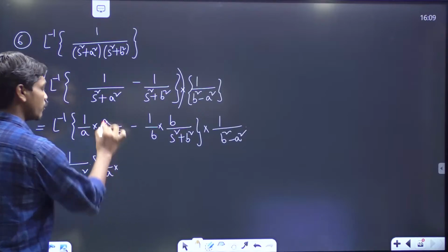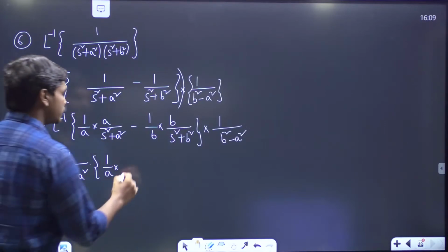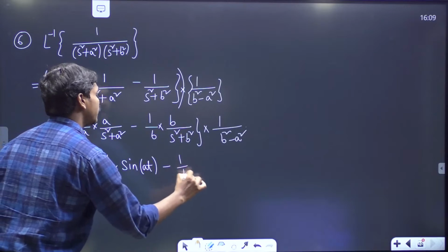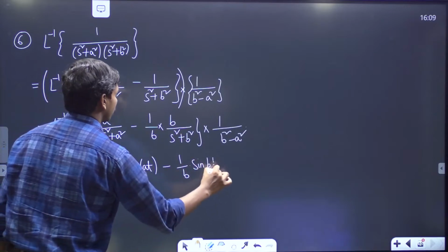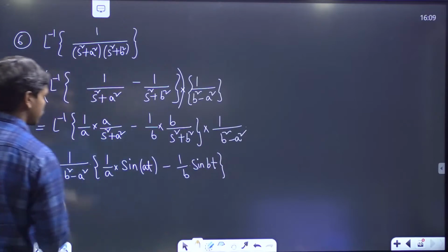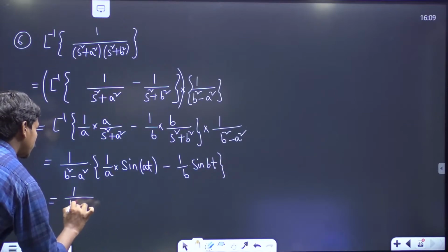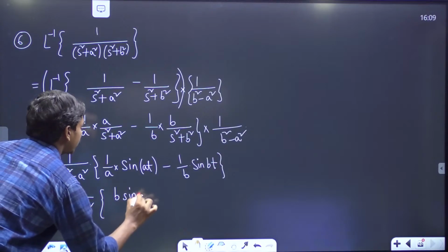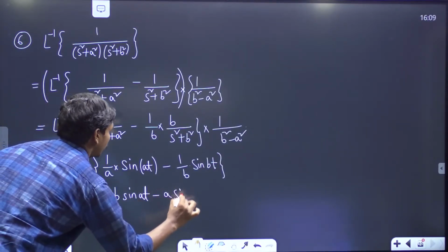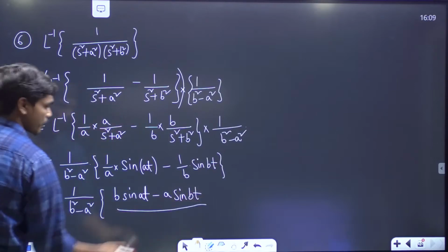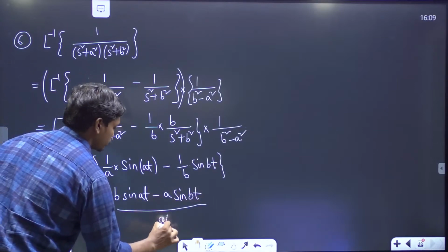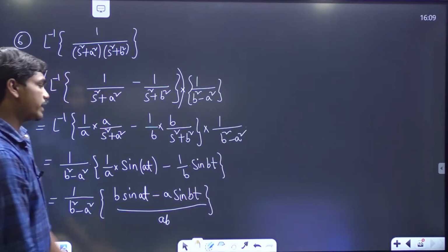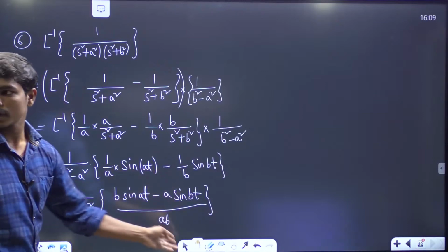So the Laplace inverse of a by s square plus a square is sine at, minus 1 by b into sine bt. This is what you have. So this is equal to 1 by b square minus a square into b sine at minus a sine bt, divided by ab. Just taking LCM here and getting this ab term.